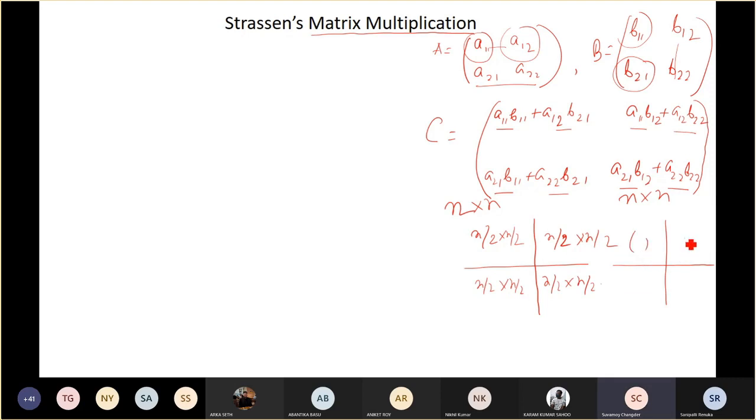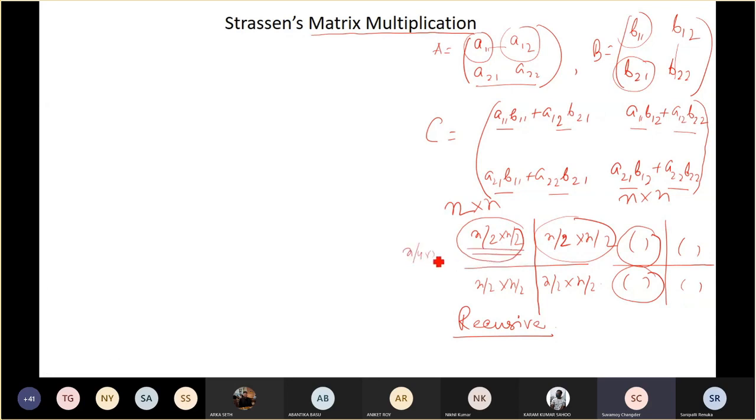Now to multiply these two matrices, actually we are multiplying this block with this block plus this block with this block. So in the recursive definition, we are multiplying two n by 2 cross n by 2 matrices with each other and taking the sum. Again this n by 2 cross n by 2 can be divided into n by 4 cross n by 4.